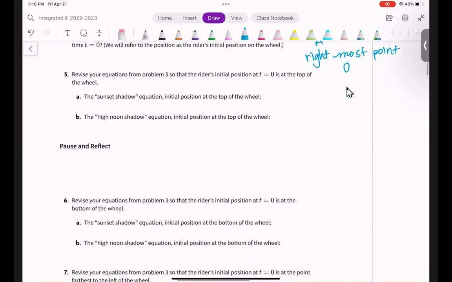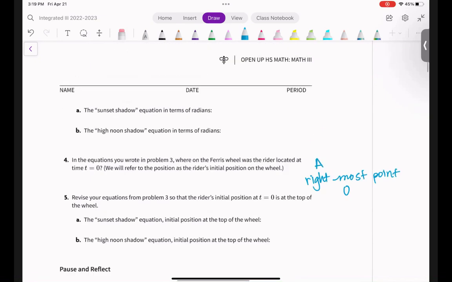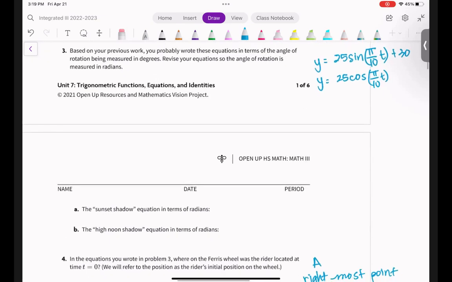So now it says revise your equation so that the rider's initial position at t equals 0 is at the top of the wheel. So they want us to go back to problem 3, these two equations here, right? But now instead of it being at 0, t equals 0 is there. How does that look when they start at pi over 2, which is at the top?